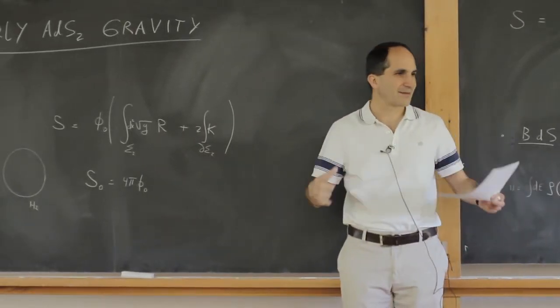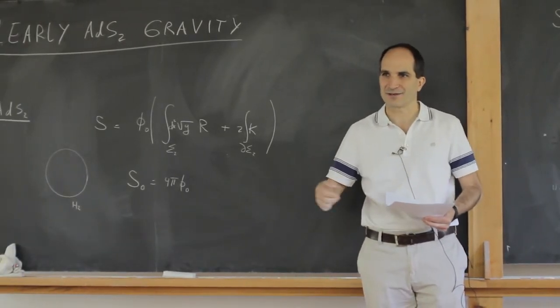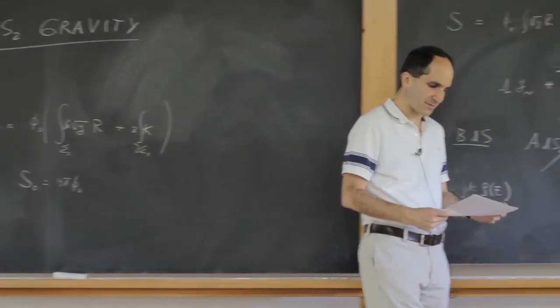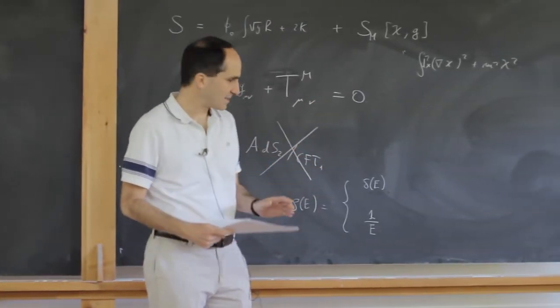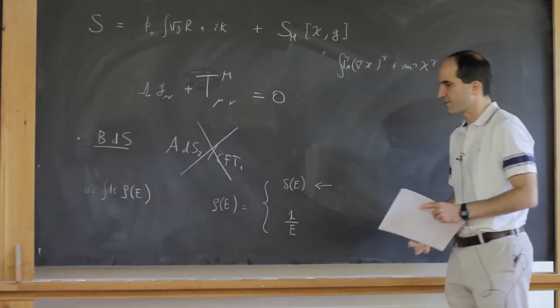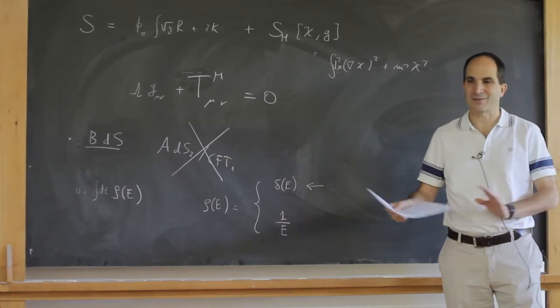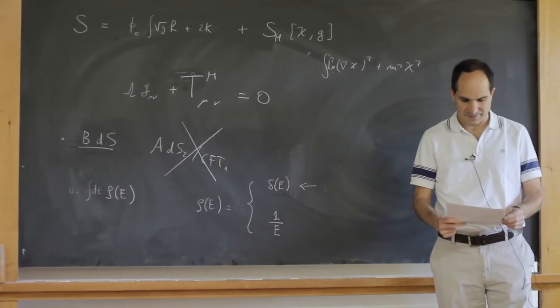Depending on the internal dimensions, you get the entropy and even 1/N corrections to the entropy, or sometimes even non-perturbative corrections. So I won't discuss that here, but there is a nice story about the exactly zero energy states, and for that story, you will not need any of the things I'm going to talk about now.